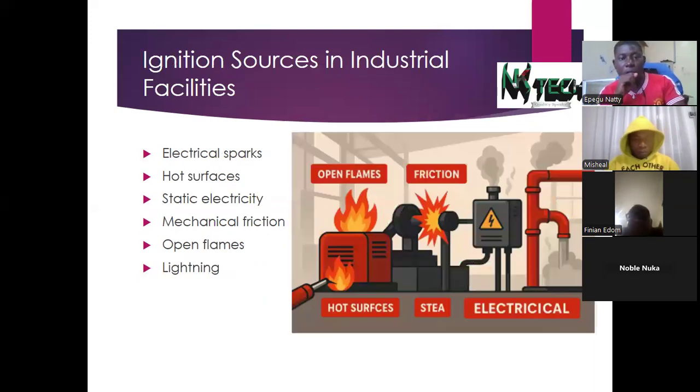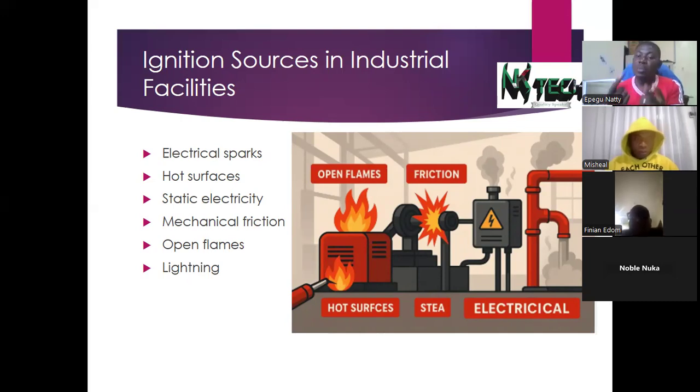Your ignition sources in your industrial facilities. Like I mentioned, we have electric sparks, and your electric spark is coming from your junction box, most likely, because that's where a lot of naked wires are being connected in a box. If there's any spark, it's going to be in that junction box.